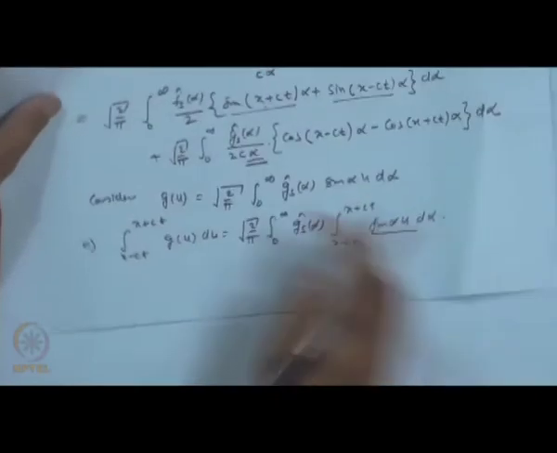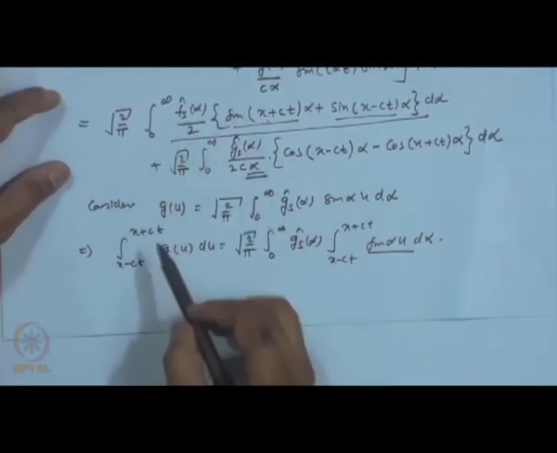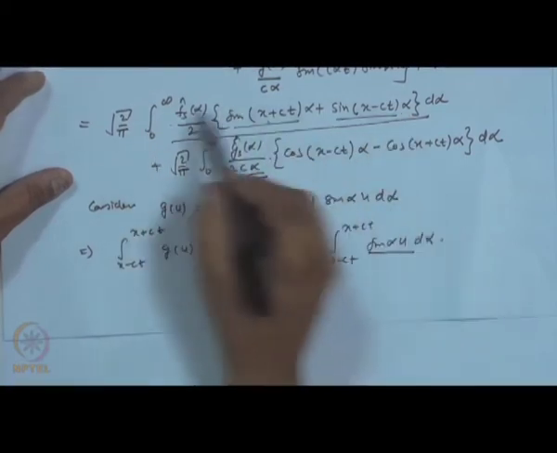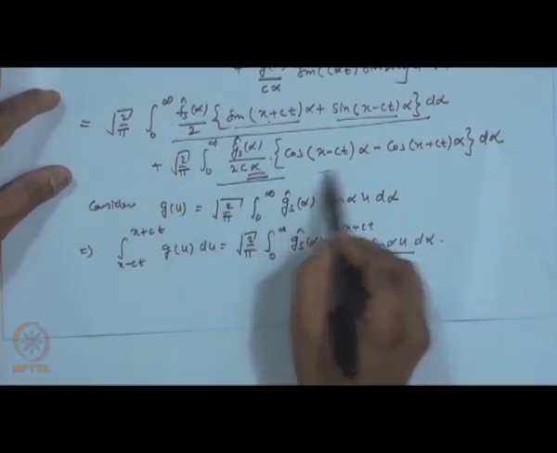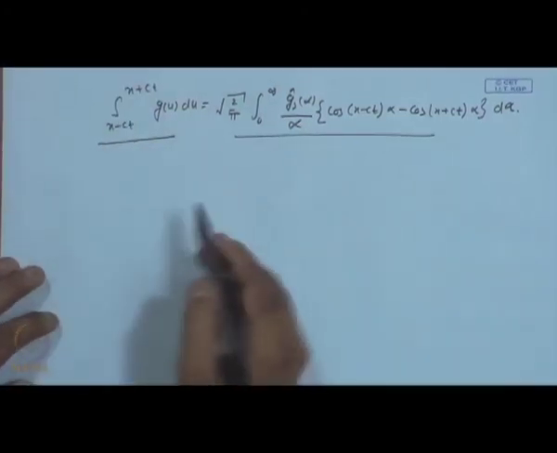Thus, the solution is given by. So, if we just now go back to this, we know what will be the inverse, and here also we know now from this integral that this is equal to that.